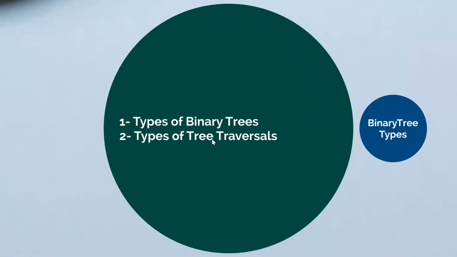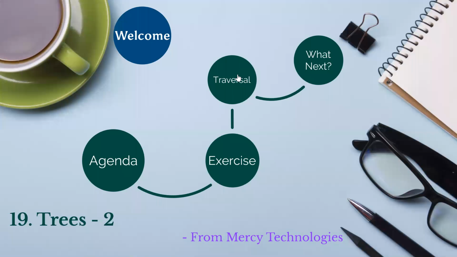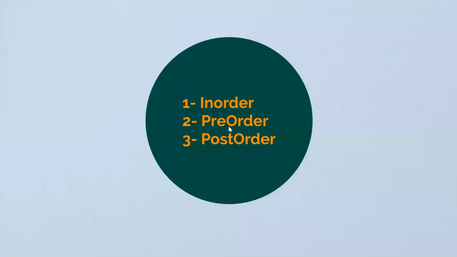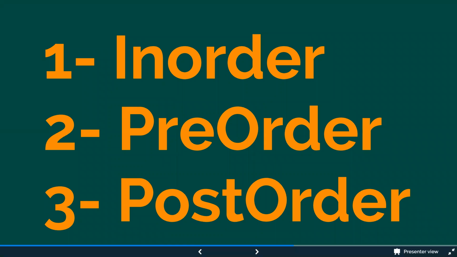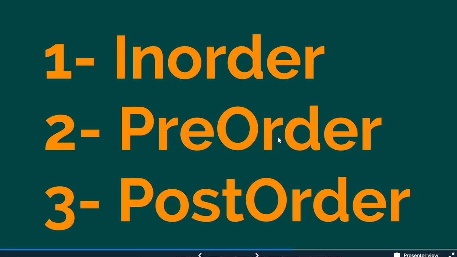I think yesterday I introduced those types of tree traversals. There are 3 tree traversals: in-order traversal, pre-order traversal, and post-order traversal. Let me give more detail about this as we move forward.